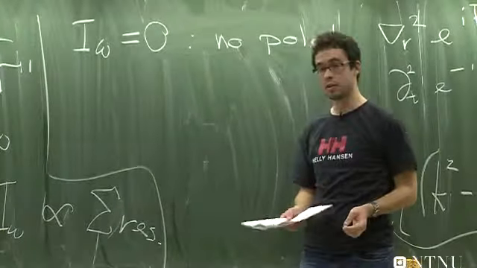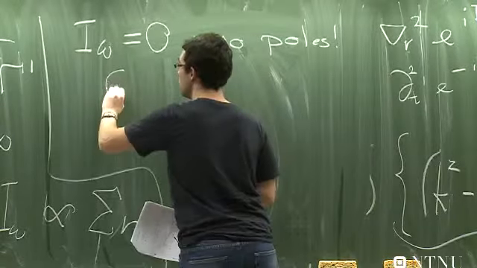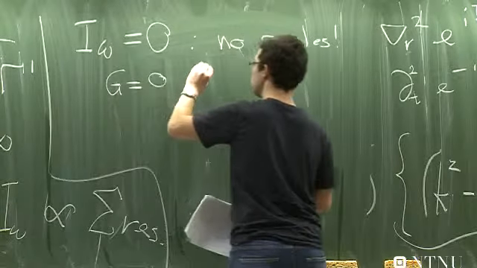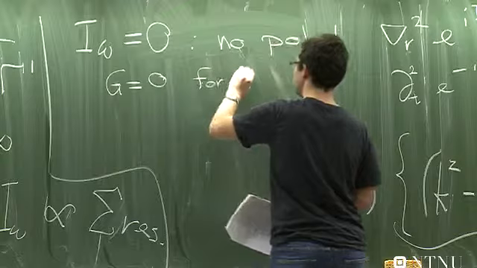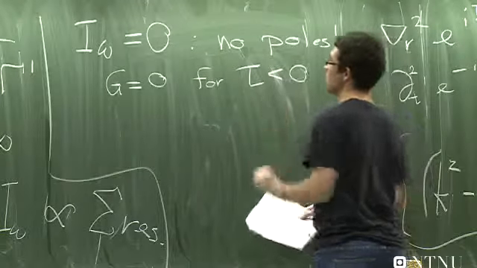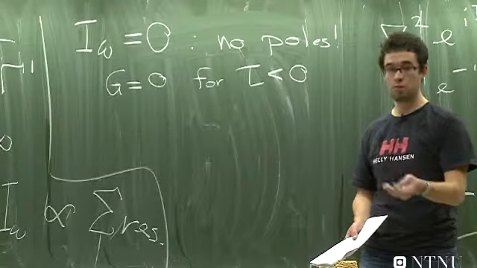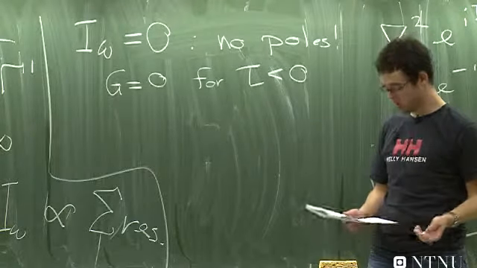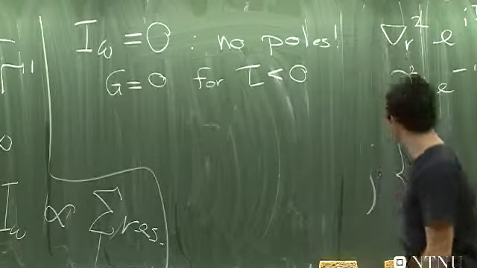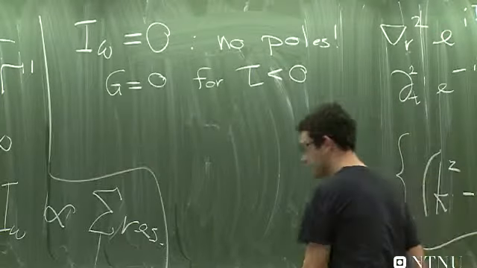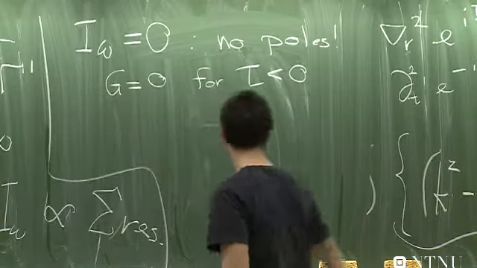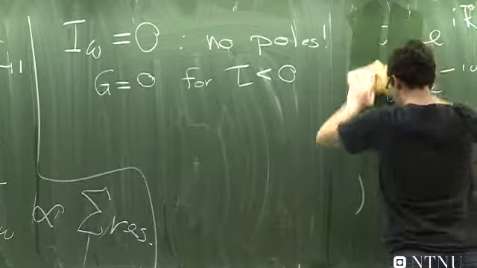And this is exactly as it should be, because now g is equal to 0 for tau less than 0, meaning that I can't be affected now by what is going to happen in the future. So that's good for the sake of sanity. And in a second, we're going to see what happens for positive tau.